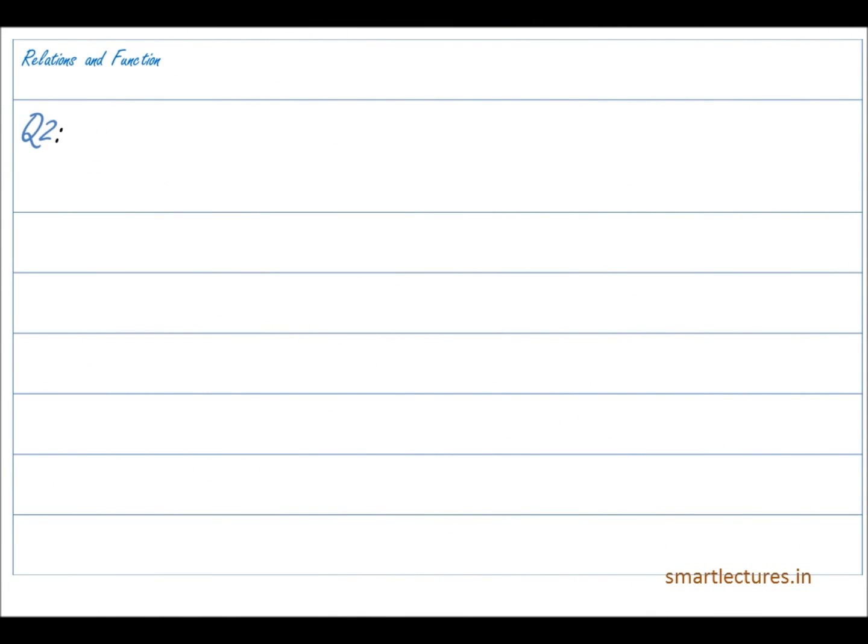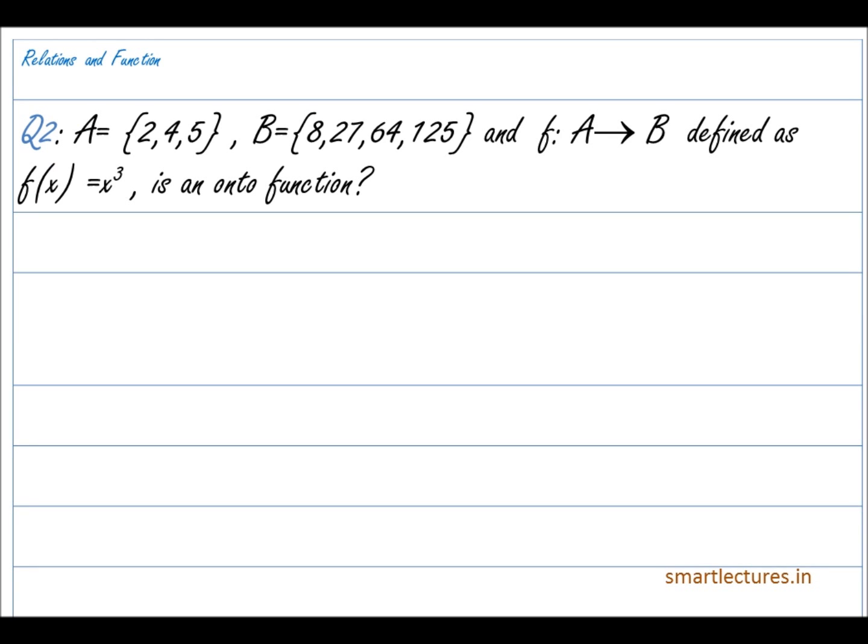Now let's solve one more question. Here A contains 3 elements: 2, 4 and 5, and B contains 4 elements: 8, 27, 64 and 125. And the function f from set A to set B is defined as f of x is equal to x cube. Now is this an onto function? Let's again find the value of the function for all values of x.